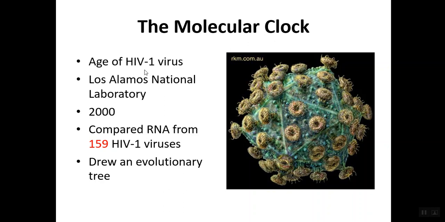Yes, HIV used to be SIV. HIV stands for Human Immunodeficiency Virus, number one. And it used to be SIV. S stands for simian. Simian, Latin, means monkey. So the HIV virus is a virus that has jumped from chimps and monkeys to humans.